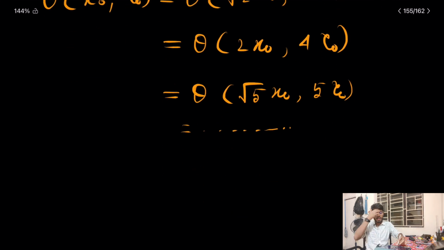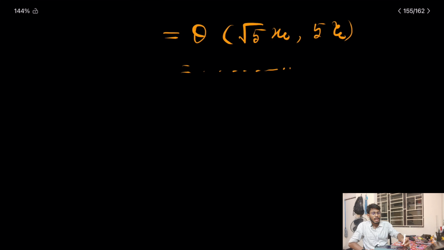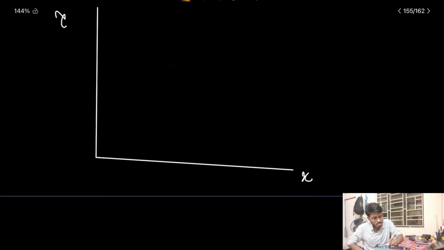Okay, that means if I draw the x tau plane, there are some particular points. Let me draw the points clearly.